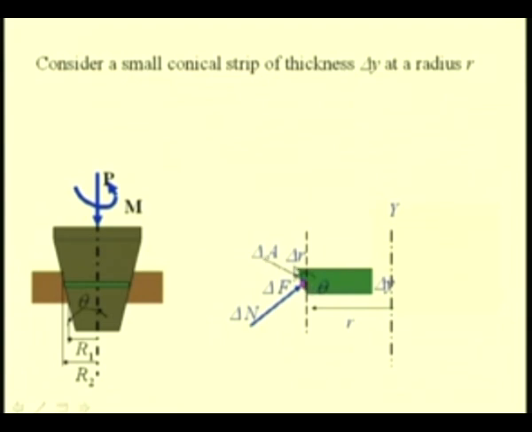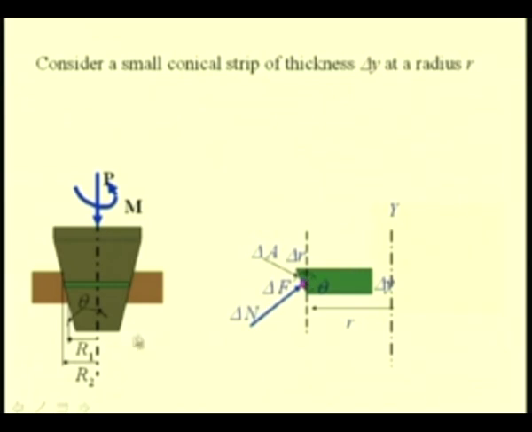Let delta A be the area of this differential element that bears with the conical face. Let this element be considered at a radius of r between r1 and r2, and let the thickness of this element be delta y.